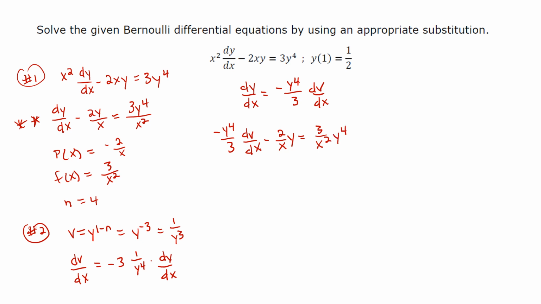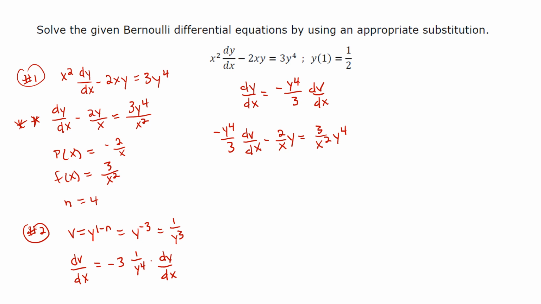Let's divide everything by negative y to the 4th and then multiply everything by 3. That way we get dv dx by itself, making a linear equation, which we can then solve to get v.